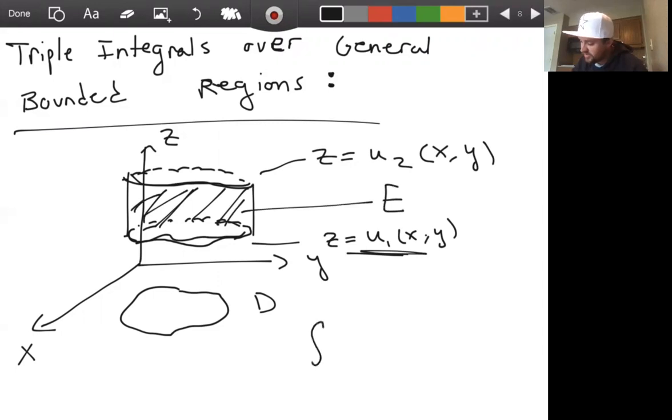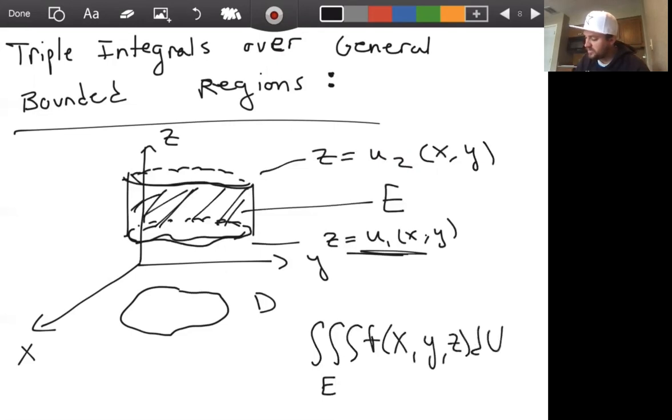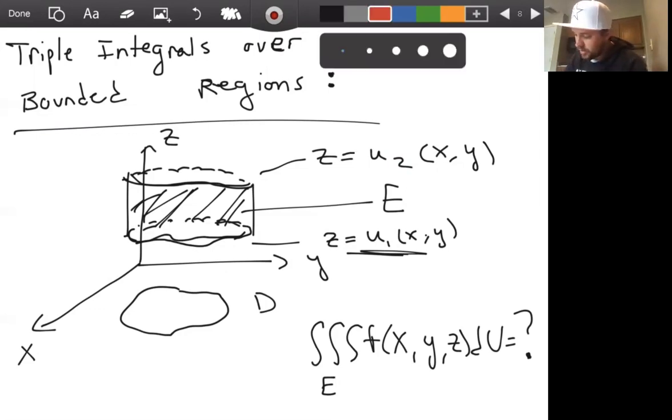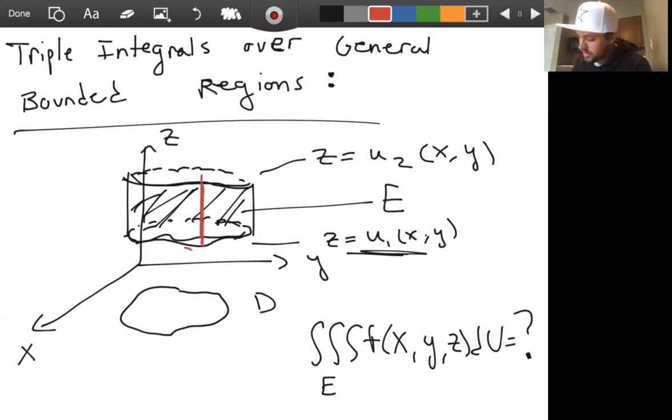And now we want to define the triple integral over the region E of f of x, y, z dV, right? And so how can we do this? Well, because we're bounded in the z direction, what are our z upper and lower bounds?